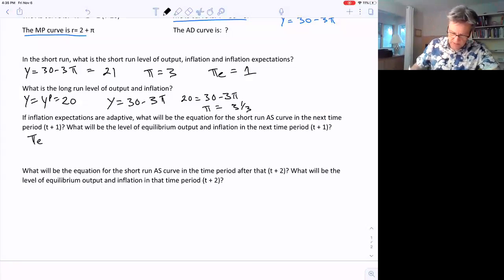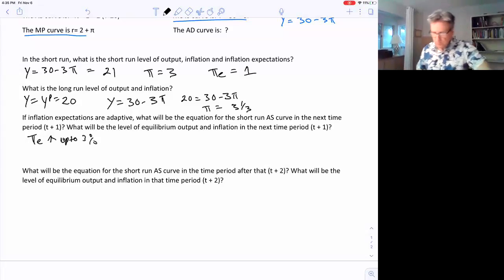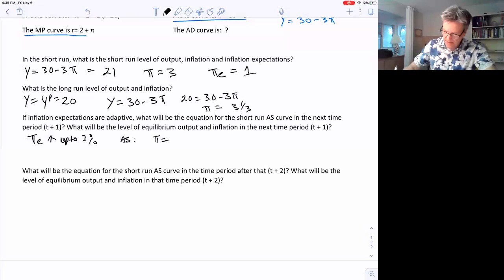And the aggregate supply curve then is going to have to be pi equals 3 plus 2 times (y minus 20).